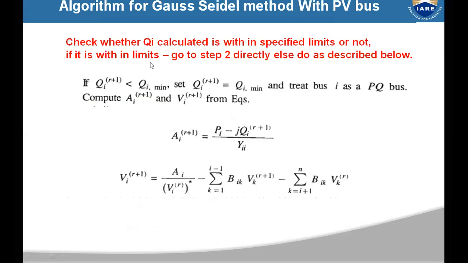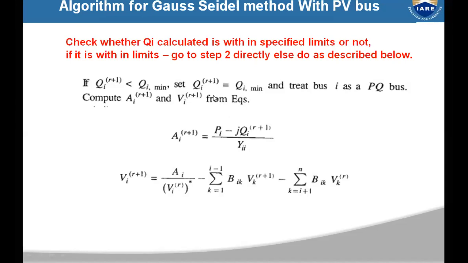If it is within limits, then go to step 2 directly, else do as described below. If your calculated value is within limits, then you need not calculate the remaining things here.